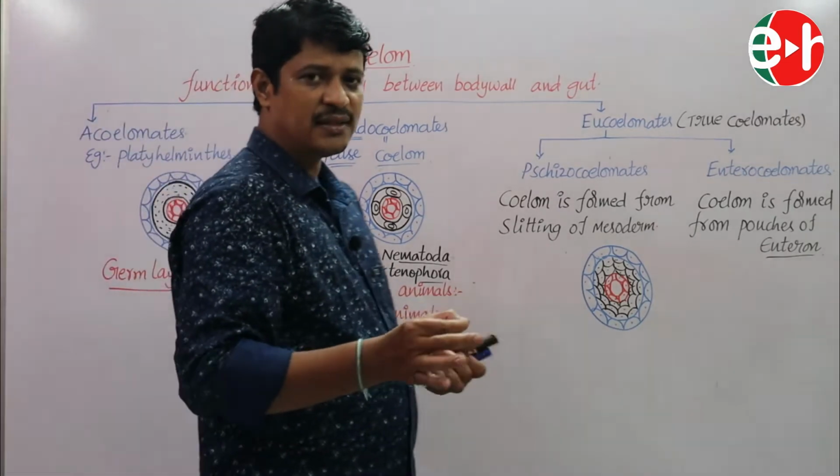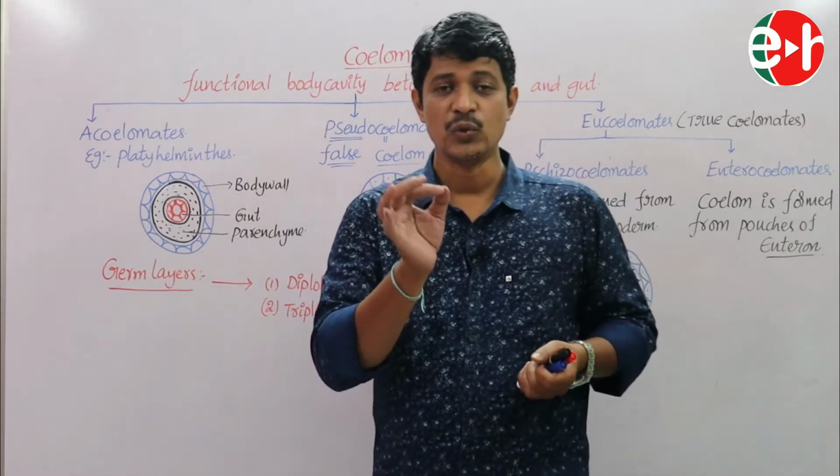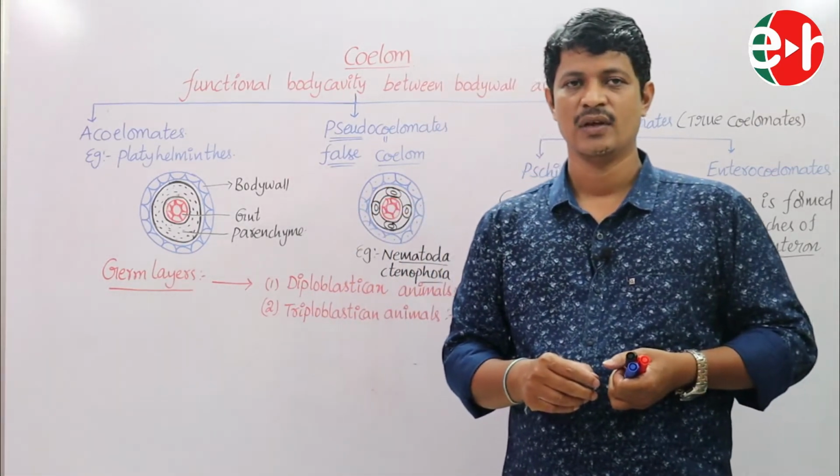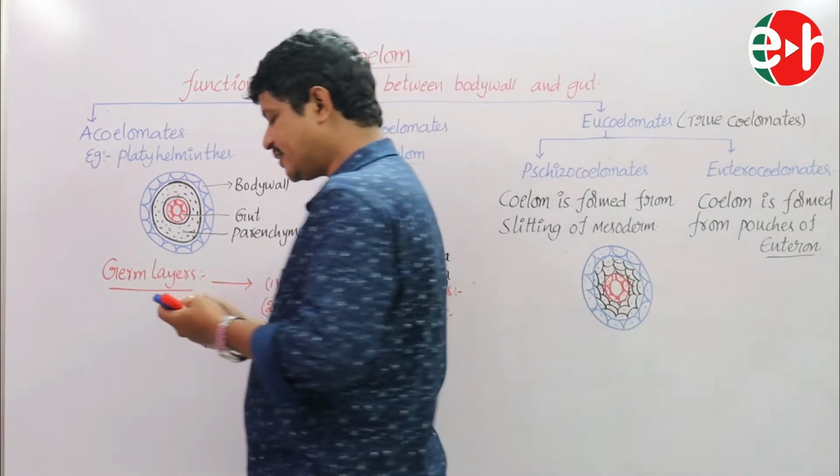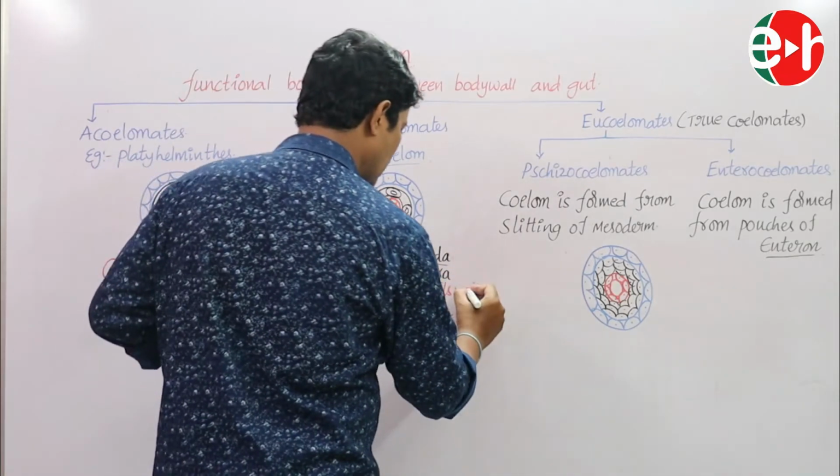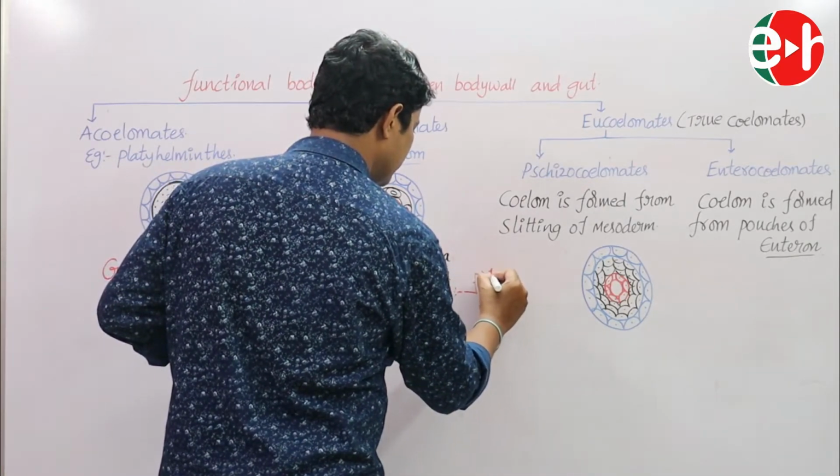The animals with two distinct layers are diploblastic.